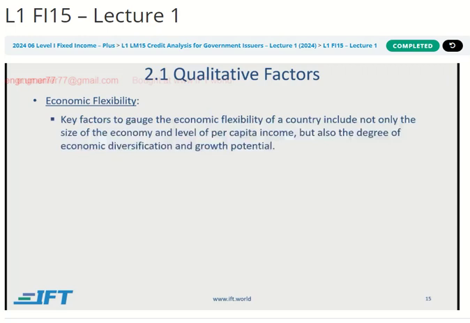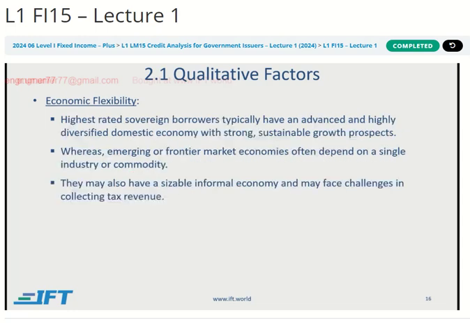Again, what we like to see here is diversification. We don't want a concentrated economy in terms of one commodity or one sector. What we like to see is a diverse economy, ideally with good growth potential as well. That of course is the ideal situation.